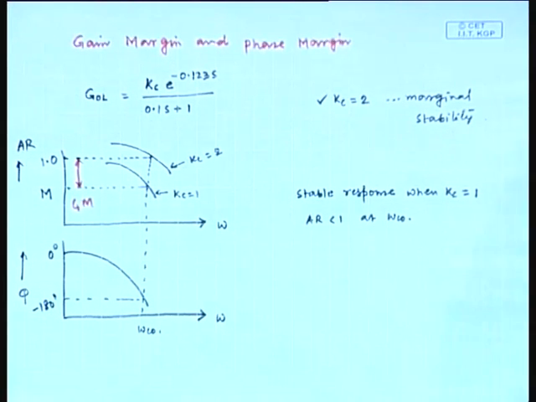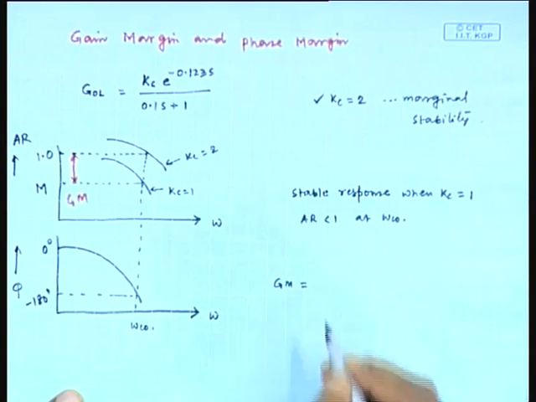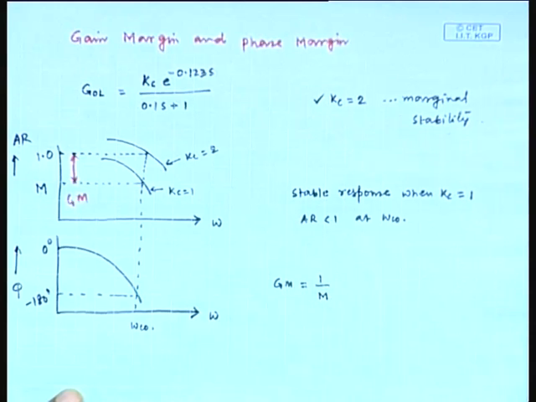So, it is obvious that it is a safety factor. Now, how can we represent the gain margin mathematically? Gain margin we can represent as 1 divided by m. The difference is log 1 minus log m. So, we can write gain margin as 1 divided by m, fine.